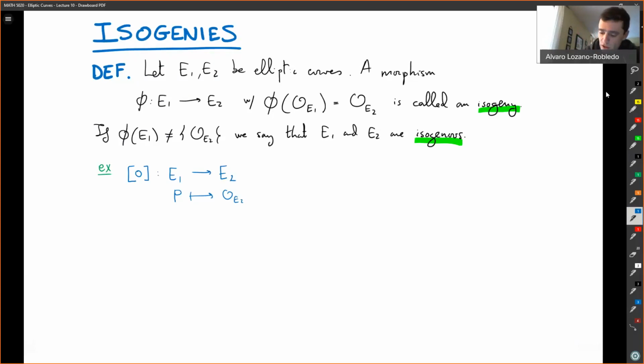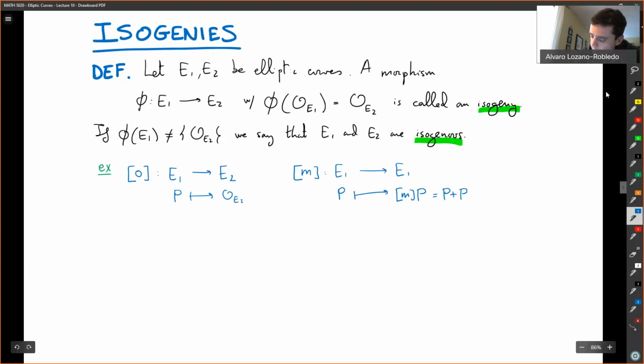Other isogenies you do have, for example, multiplication by m from E to E that sends P to m times P, so P plus P plus P, m times. This is for some positive m.